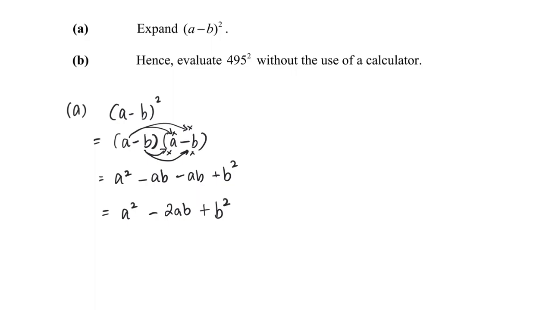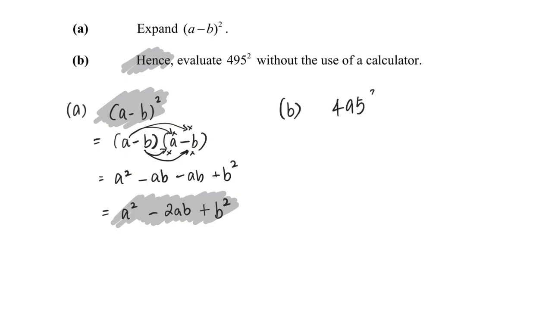And because of the word hence, it means we must use the result here, where (a minus b) square equals a square minus 2ab plus b square, for part B. So part B, I will have this.